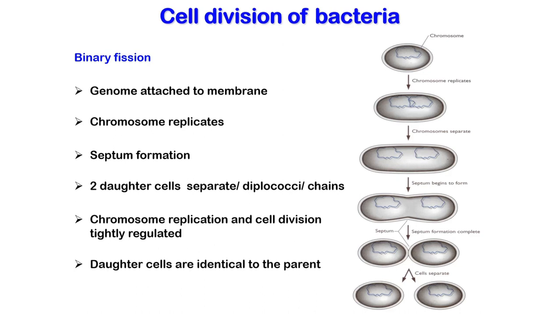So with bacteria, first of all, you get the replication of the chromosome, and then the chromosomes separate. A septum, or dividing wall, then forms down the middle of the cell and splits the cell, and then 2 identical daughters are formed, each with a chromosome copy. So these daughter cells are identical to the parent.